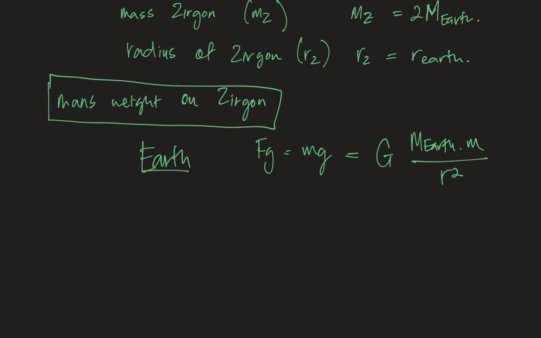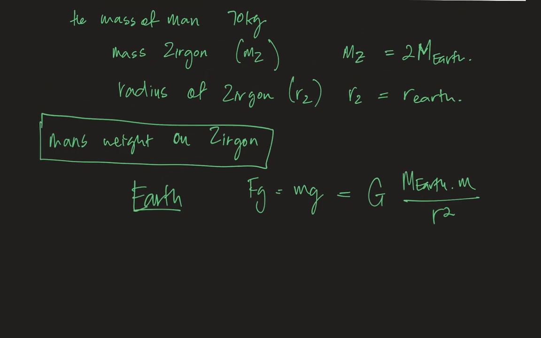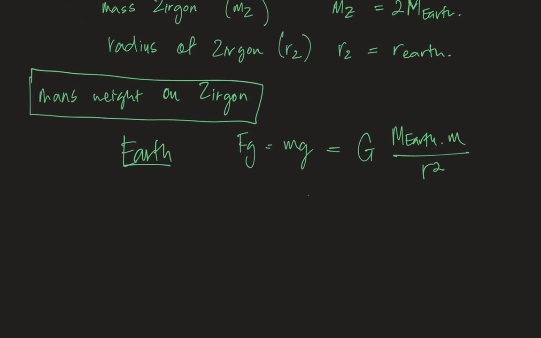But I know the man's mass is 70, and the gravitational acceleration on Earth is 9.8. So the man's Fg is 70 times 9.8, which is 686 newtons. So that is on Earth.